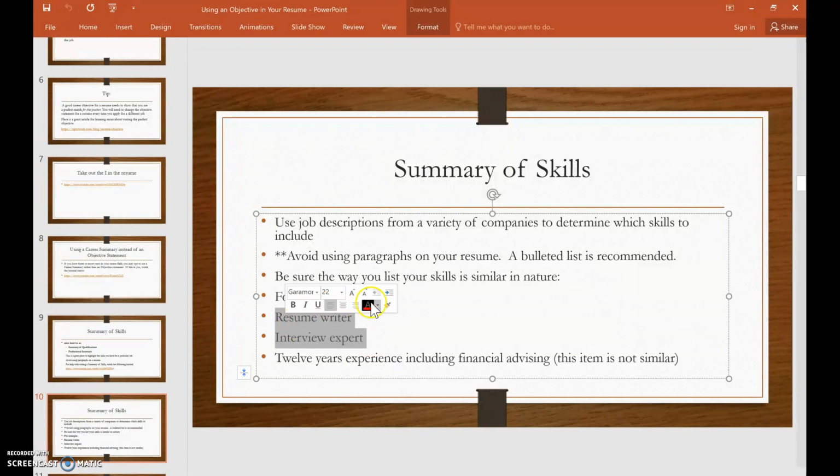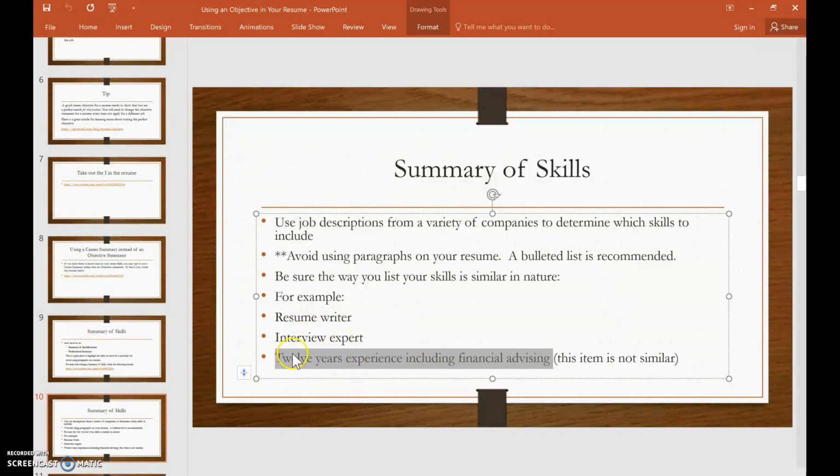So look what I've done here. This would be a sample of summary skills. We have someone who is a resume writer and interview expert, so they're using two words to describe their skills. If we want to get technical, they're using adjective, noun, adjective, noun. For this third qualification, notice how it's much longer. It's because it's not structurally similar to the first two, and I don't want that.